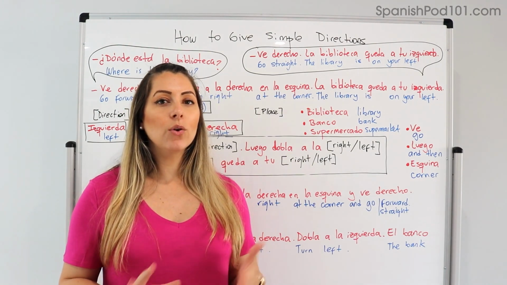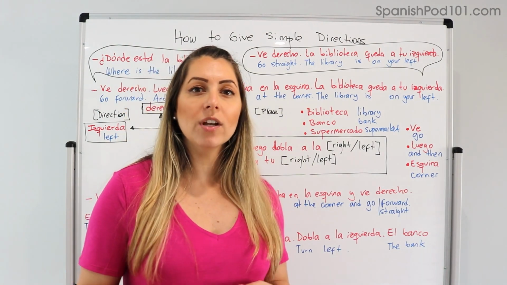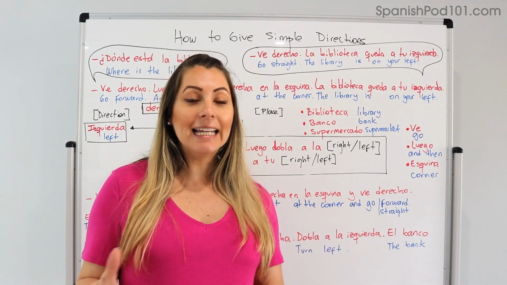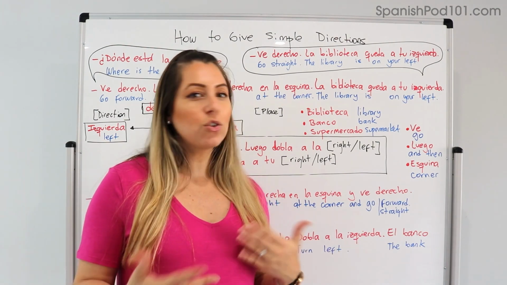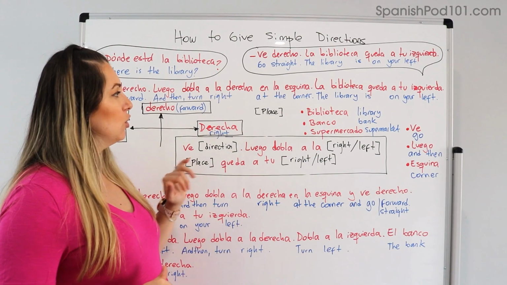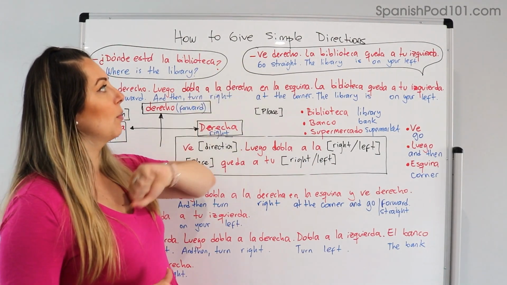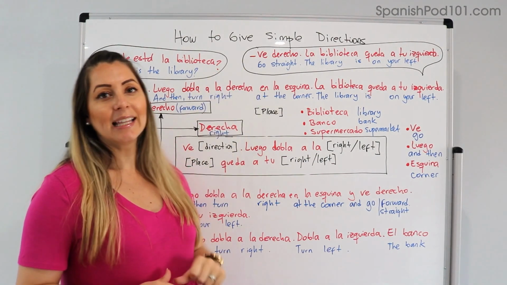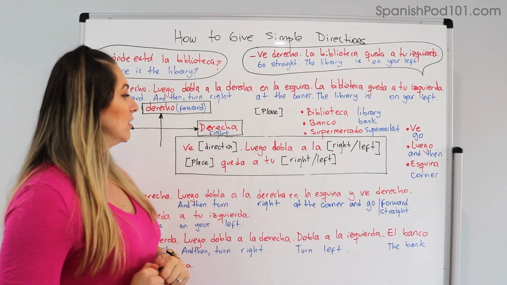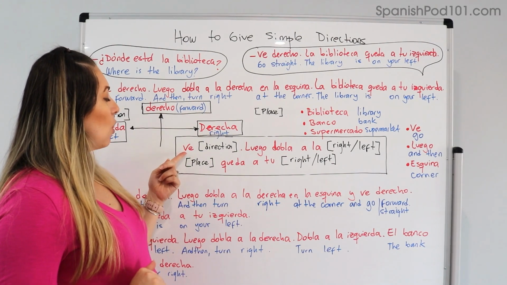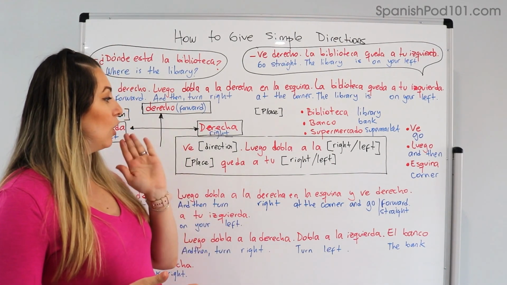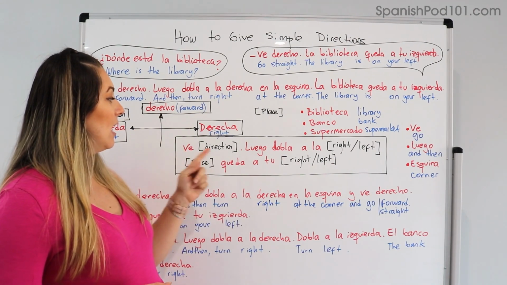So we're going to have a look at some structure, and then we'll have a look at some examples so you know exactly how to give and also ask for simple directions in Spanish. As you can see here in the dialogue, we were saying ve derecho. So ve significa go, okay? Go. Ve derecho.